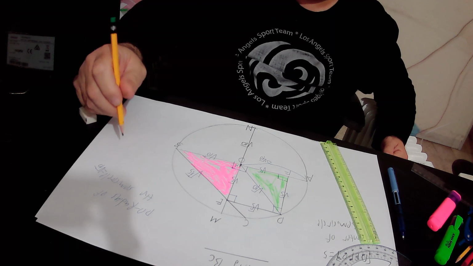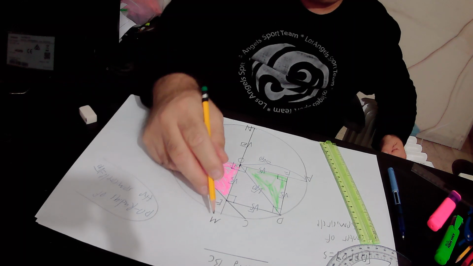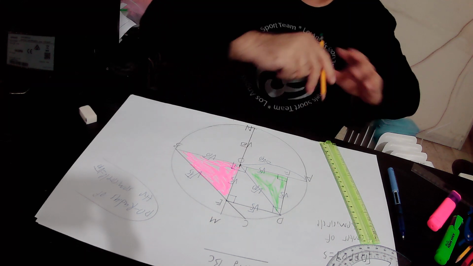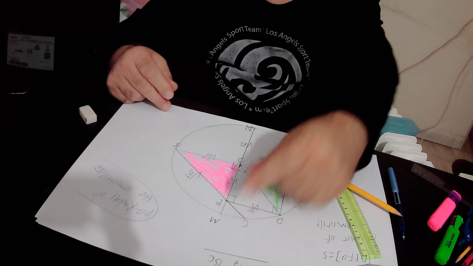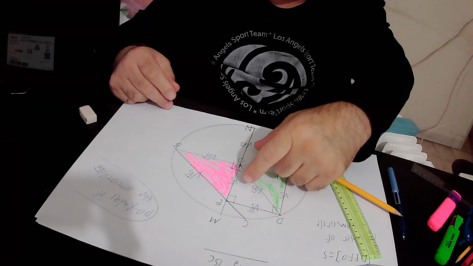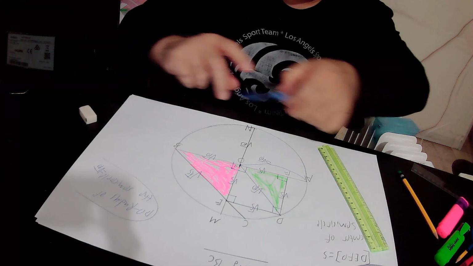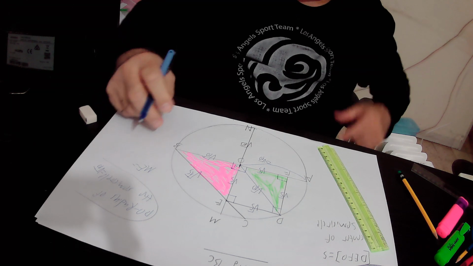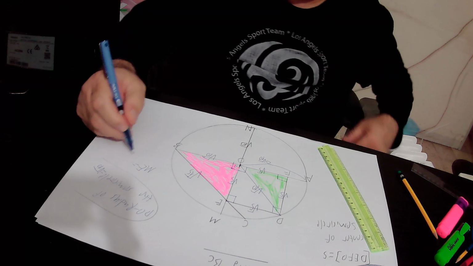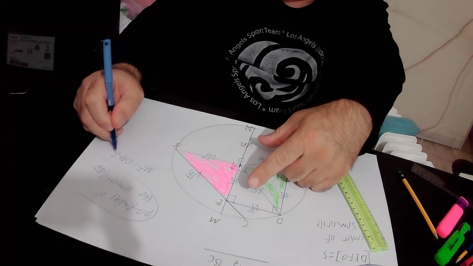Therefore, ME equals MO minus EO. Again, ME equals OM minus EO.